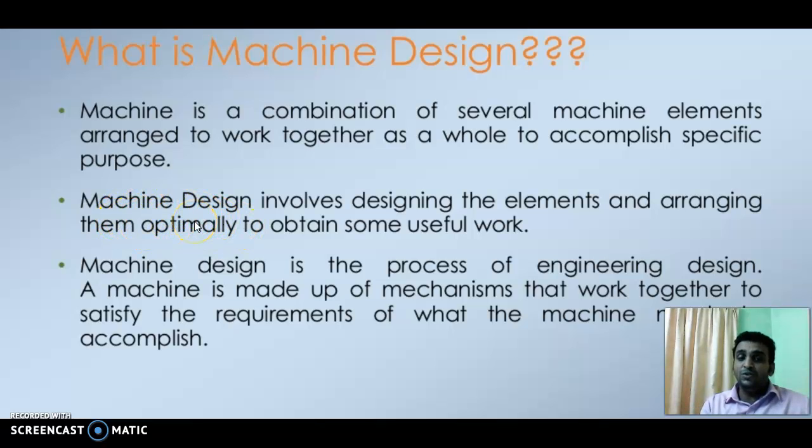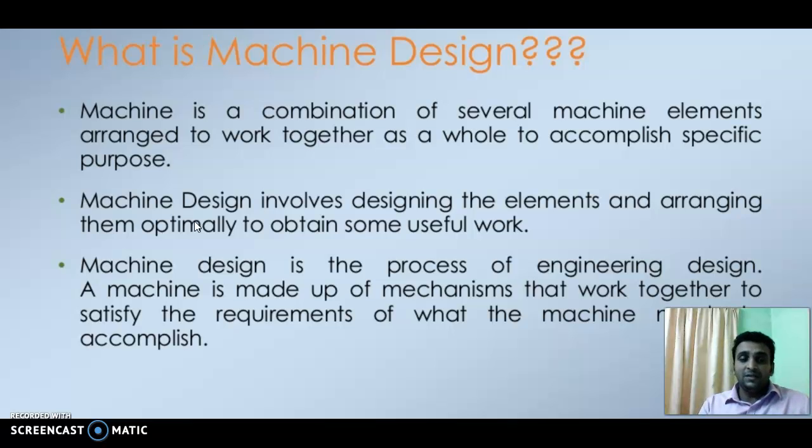Optimally, I can convert it into optimization. So optimization is the important thing in our machine design or design of machine elements. Everyone knows about the different mechanisms or different types of energies, but what is the purpose of a mechanical engineer? A mechanical engineer should create or produce our product optimally, or using optimization techniques we have to arrange for a useful work with minimum condition.